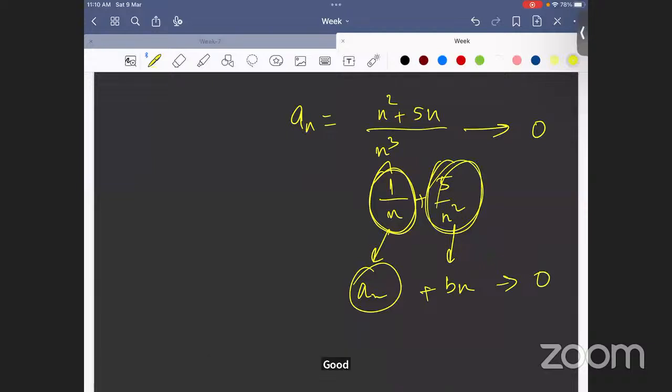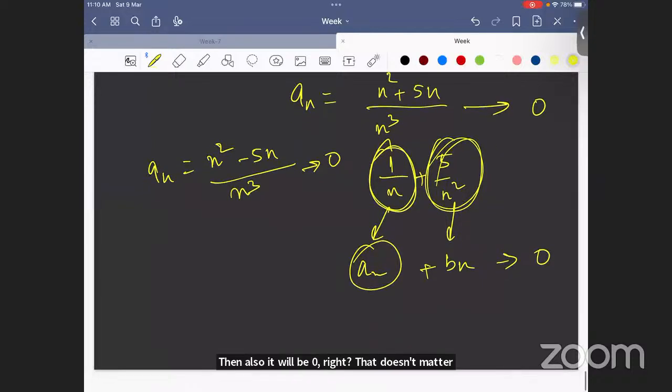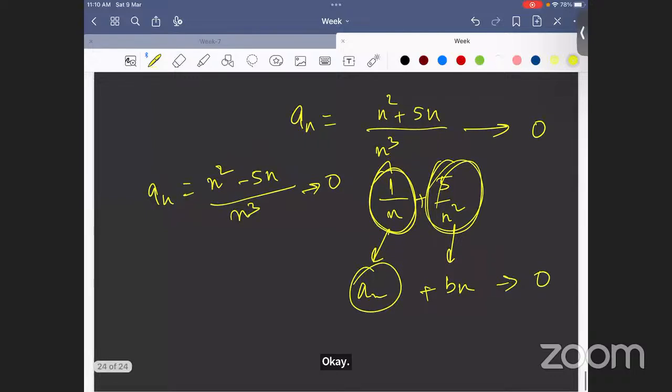One question here. What if we are given a_n equals (n square minus 5n) upon n cube? Then also it will be 0, right? That doesn't matter, because we are separating it: 1 upon n minus 5 upon n square.